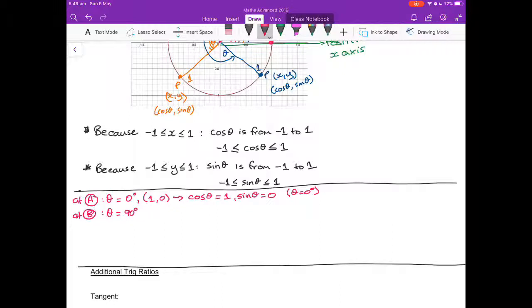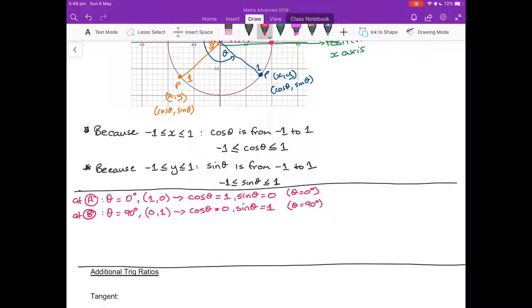All right, so we've moved up that, we've made it perpendicular, 90 degrees. We're now at 0, 1, and that just means that we've swapped our values around. So cos theta is now 0, sine theta is now 1, for theta equals 90 degrees.